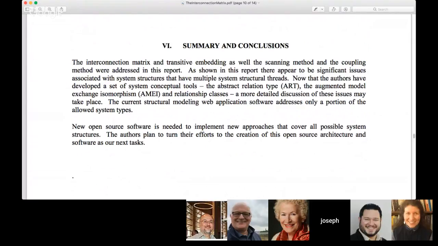And so these things are becoming more well-defined using the 3 isomorphic language forms that reinforce each other. And it says we now have turned our efforts to open source architecture and software, and we'll be working on that. So with that, I'm going to open it up for questions, comments.